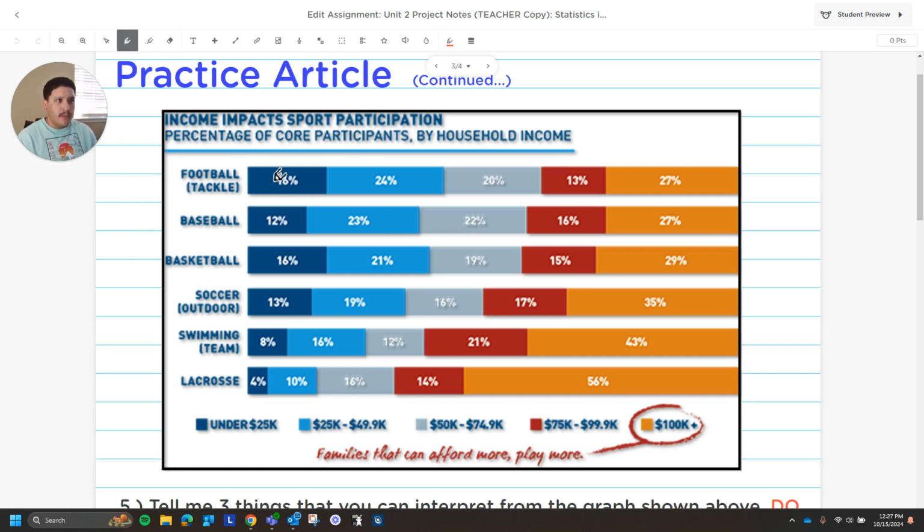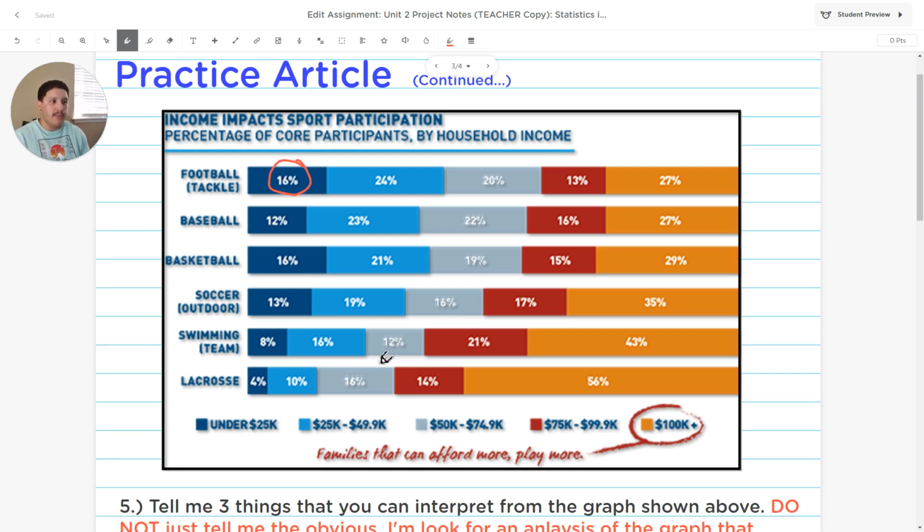And more specifically, it is 12 points lower compared to some of the higher percentages of low-income families that participate in sports. So there is a 12-point gap with the highest, like football and basketball.